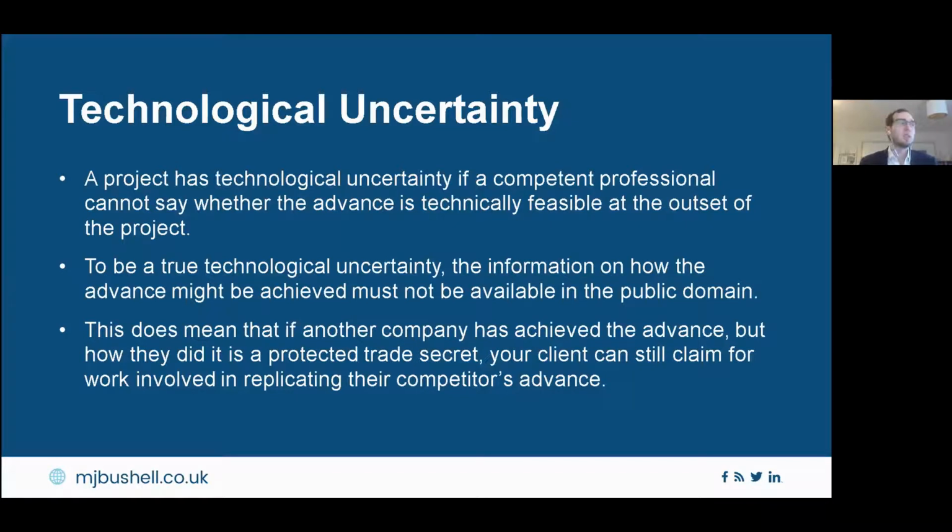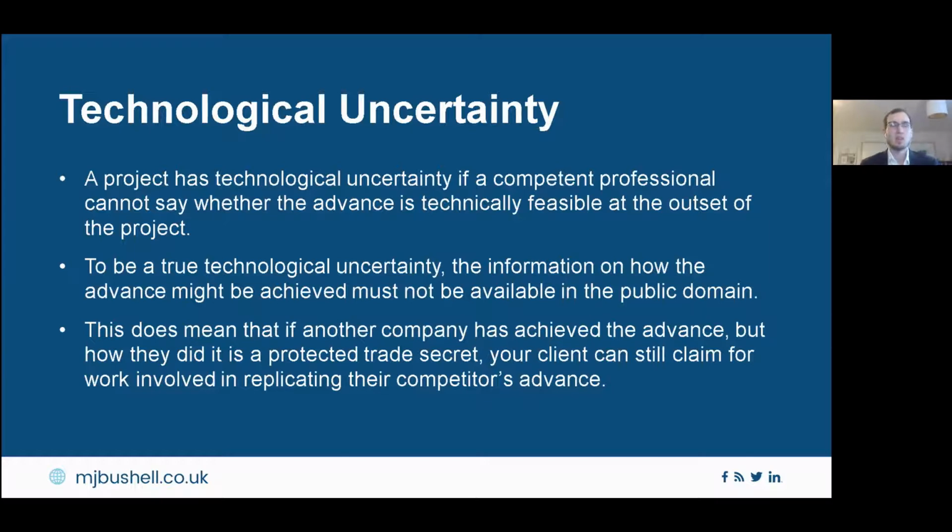Now, what that means is simply that a project has a technological uncertainty if the competent professional that's working on the project cannot say whether the advance is technically feasible at the outset of the project. So what that means is that someone who's competent in that field of science or technology doesn't have an answer, doesn't have a solution straight away for the advance that you're seeking to achieve.